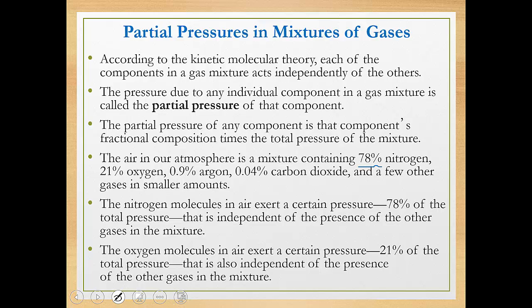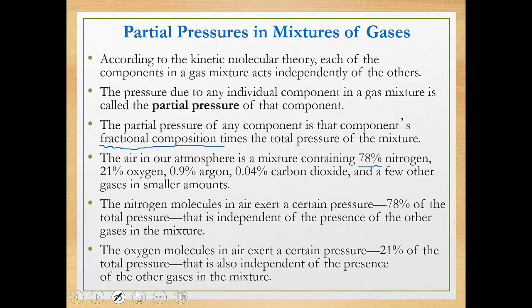So is it an ideal gas, or is it not behaving as such? How much interaction of particles do you have? Now, the partial pressure of any given component is just that component's fractional composition. How much of the whole, what percent of the whole is that component, times the total pressure of the mixture.